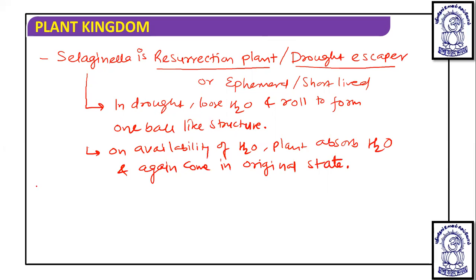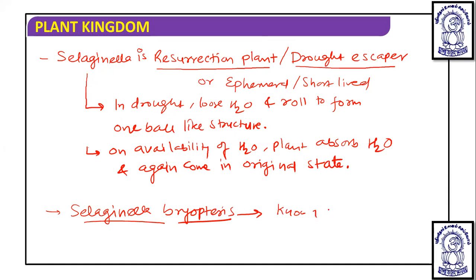Apart from this, one species of Selaginella is known as Selaginella bryopteris, and this is known as Sanjeevani.